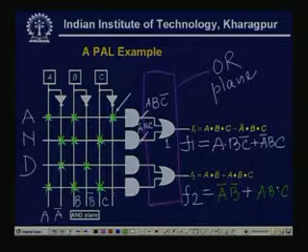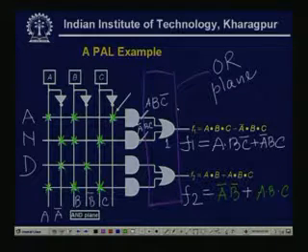Now, see here this is a fixed OR plane. That is why the two output functions always come from a two input OR gate. If we need a 3 input OR, this is not variable; it is not possible from this structure.